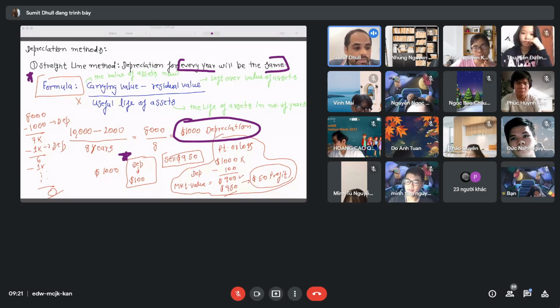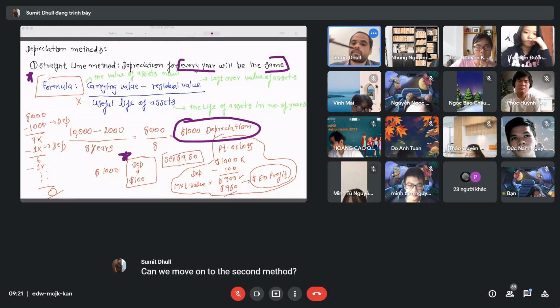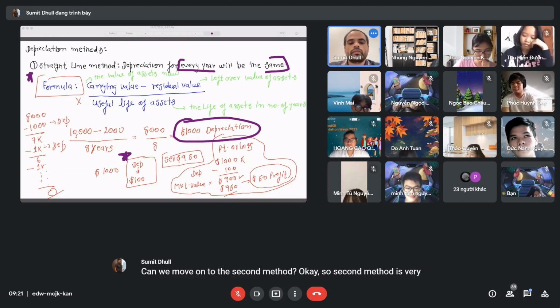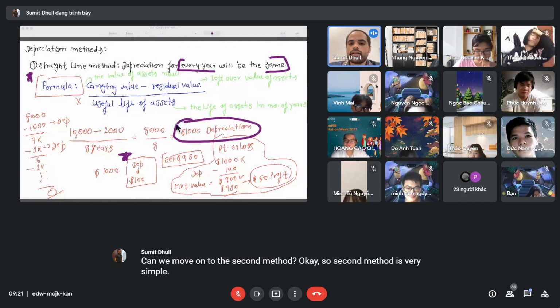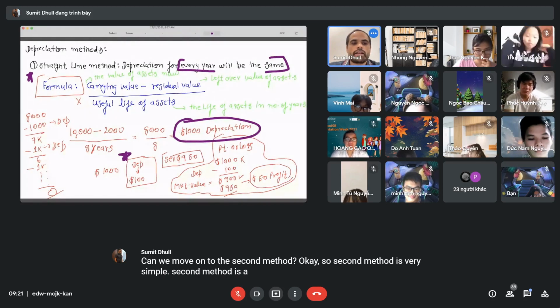Can we move on to the second method? Yes. Okay, so the second method is very simple. The second method is the reducing balance method.